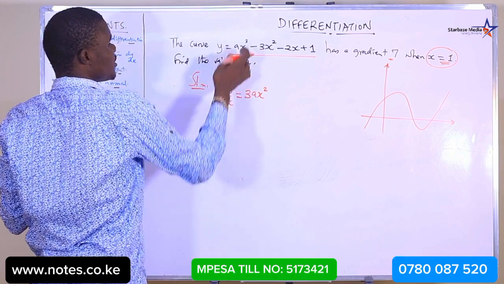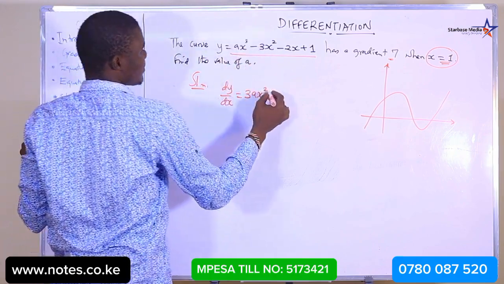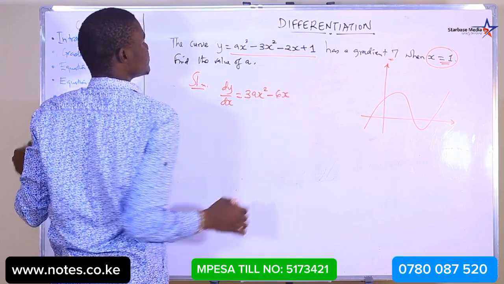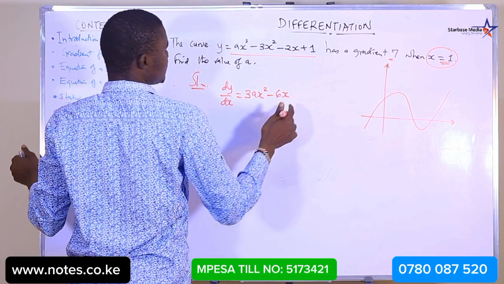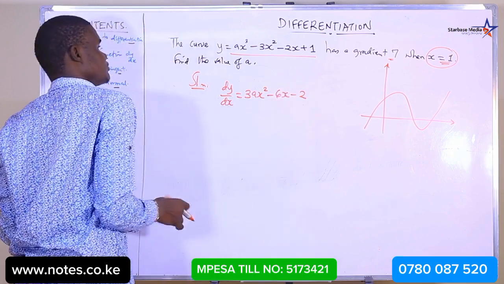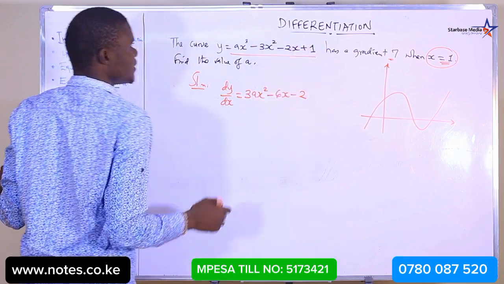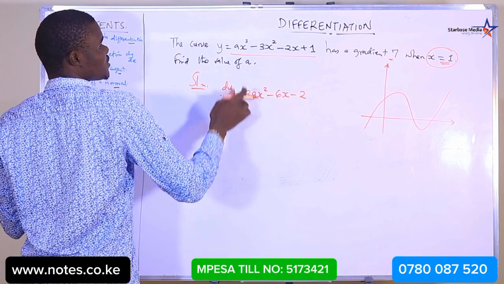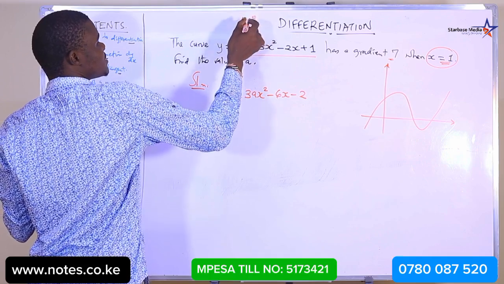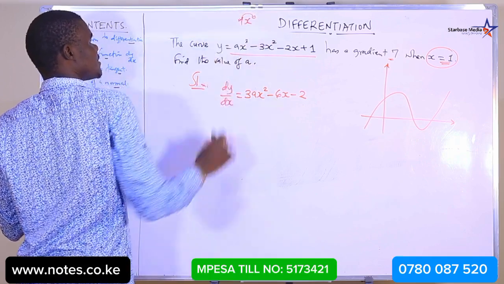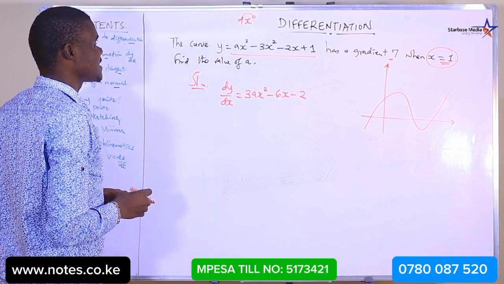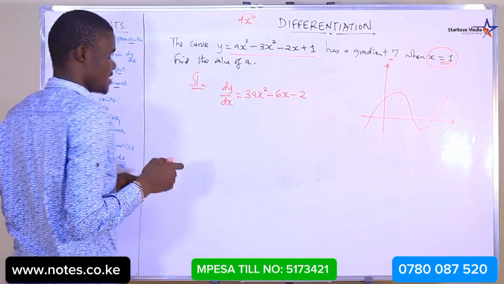You pre-multiply, and then you reduce the power by 1, minus 6x, then minus 2. This one, you know why it doesn't appear in the differential is because it's like 1 times x raised to power 0. So when you multiply 0 by this, it nullifies everything, meaning the resultant is 0. So there is no need of writing it here.